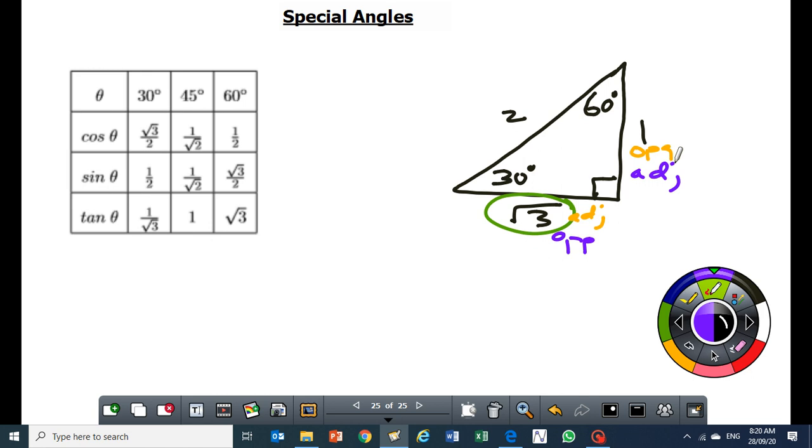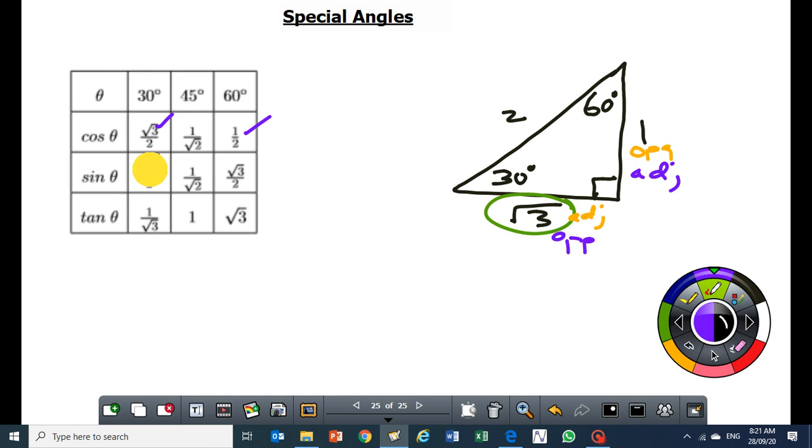Then for cos 60, if we are going to end up having cos 60, means this side becomes the opposite side and that one becomes the adjacent side. So it will be adjacent over hypotenuse, which is 1 over 2. Then sine 30, the reference angle is that opposite side over hypotenuse, 1 over 2.